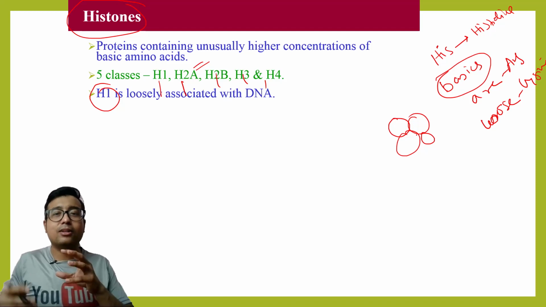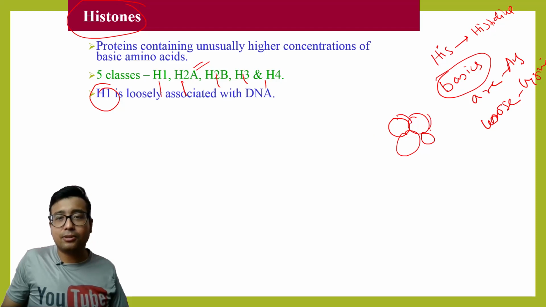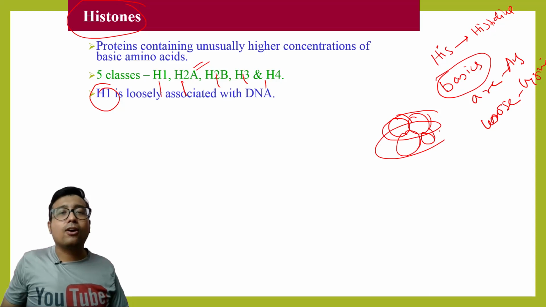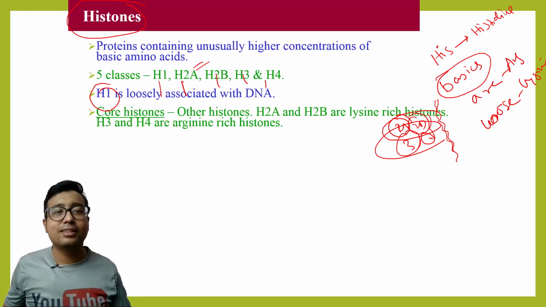You can't see the octamer because the other 4 are on that side, buried underneath. And the DNA coils twice around this whole thing. Now these are H2A, H2B, H3 and H4, and H1 is loosely attached outside. I'll show you the structure.